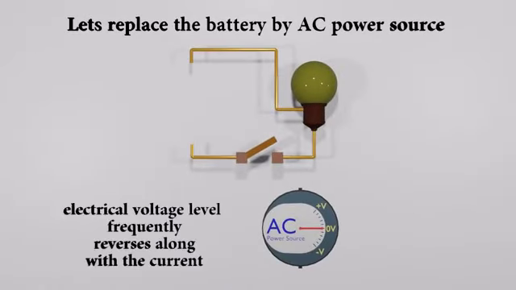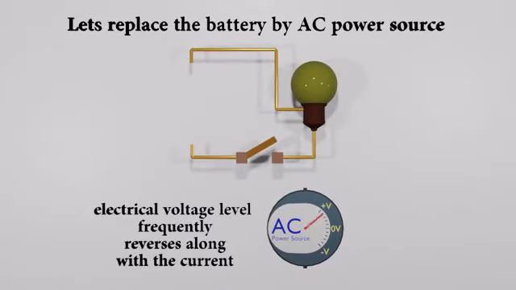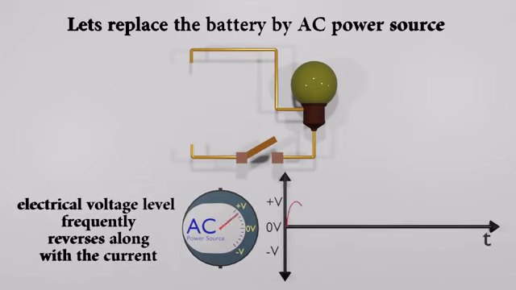Let's replace the battery with an AC power source. It frequently reverses the direction like this.